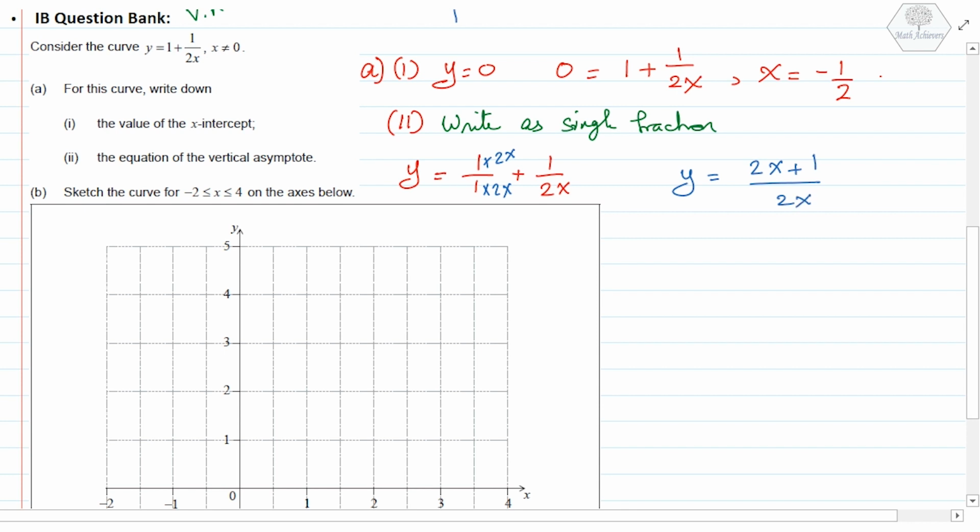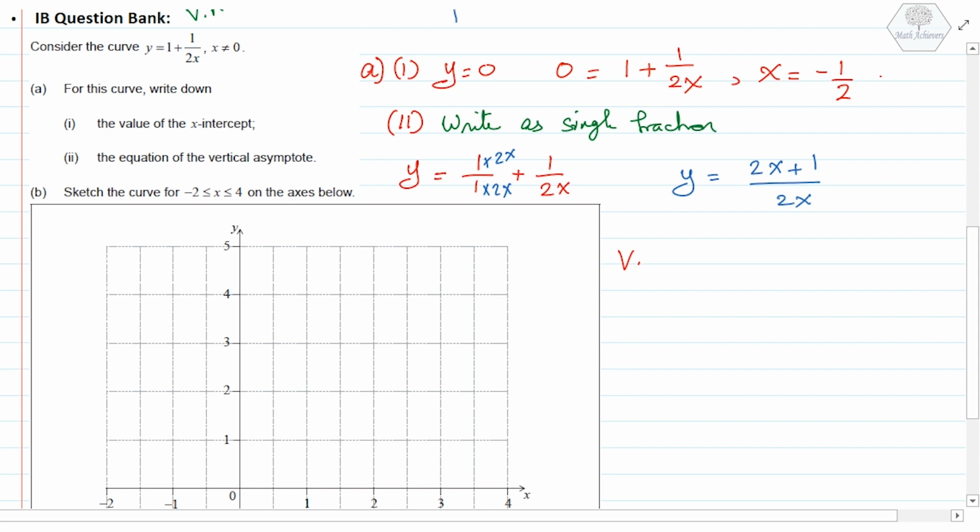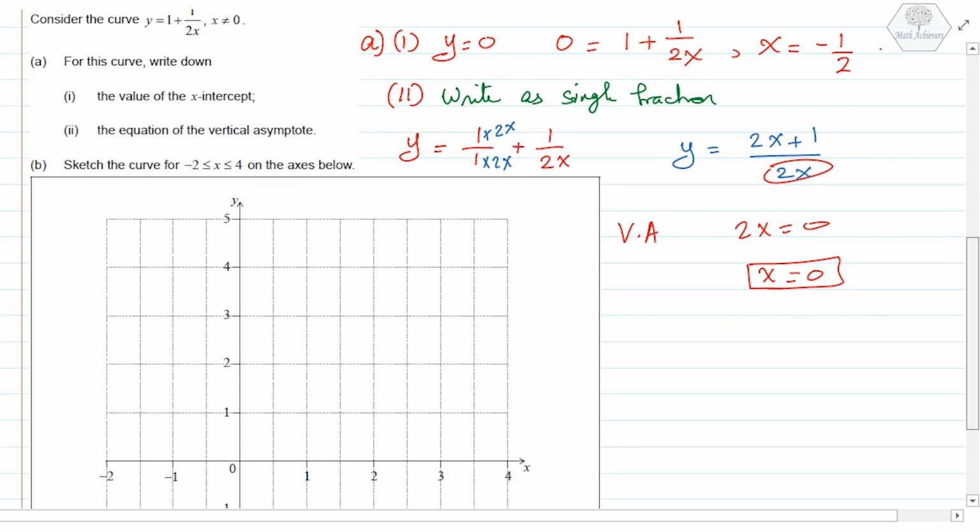Now, for the vertical asymptote, I simply need to make the denominator equal to 0. So I take the denominator and make it equal to 0: 2x is equal to 0, giving the vertical asymptote x equals 0.